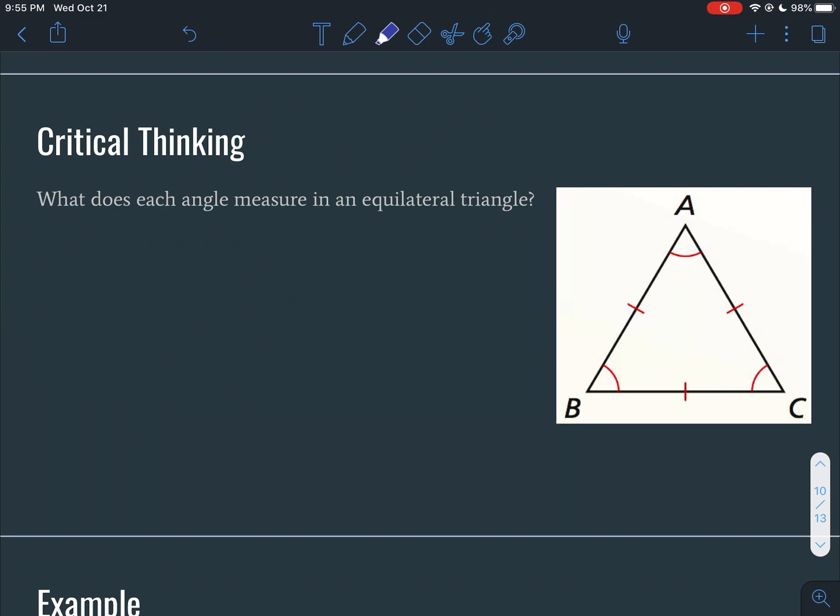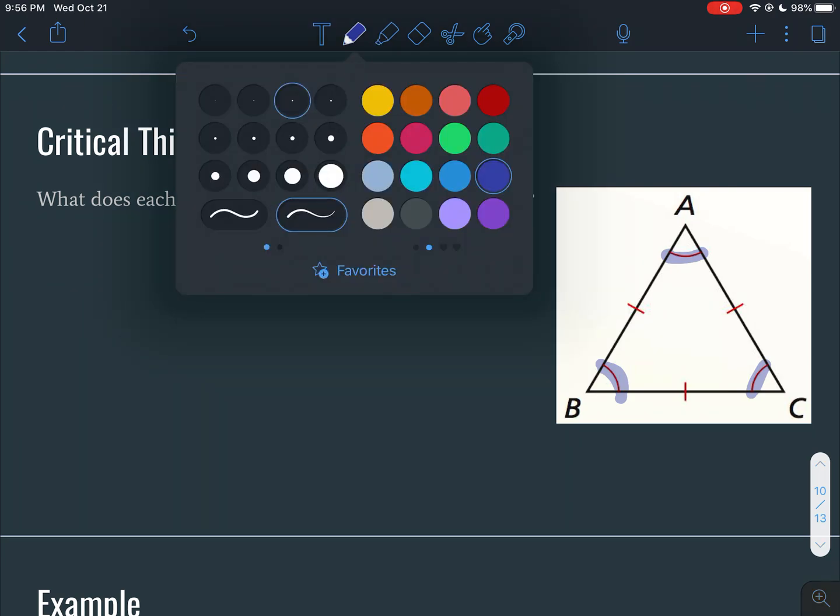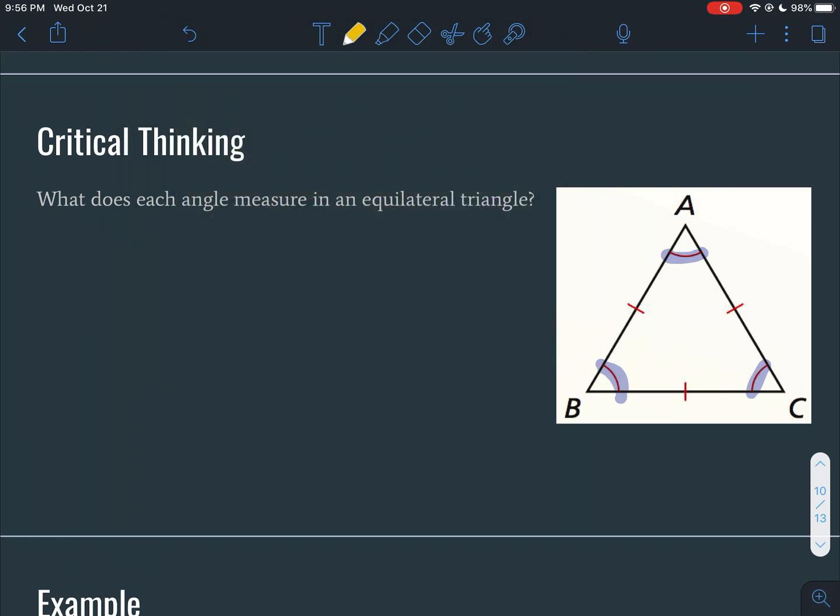Critical thinking. What does each angle measure in an equilateral triangle? What's the measure of angle A, angle B, angle C? Okay, think about it for a second. All right, so remember, in any triangle, the angles add up to 180 degrees.